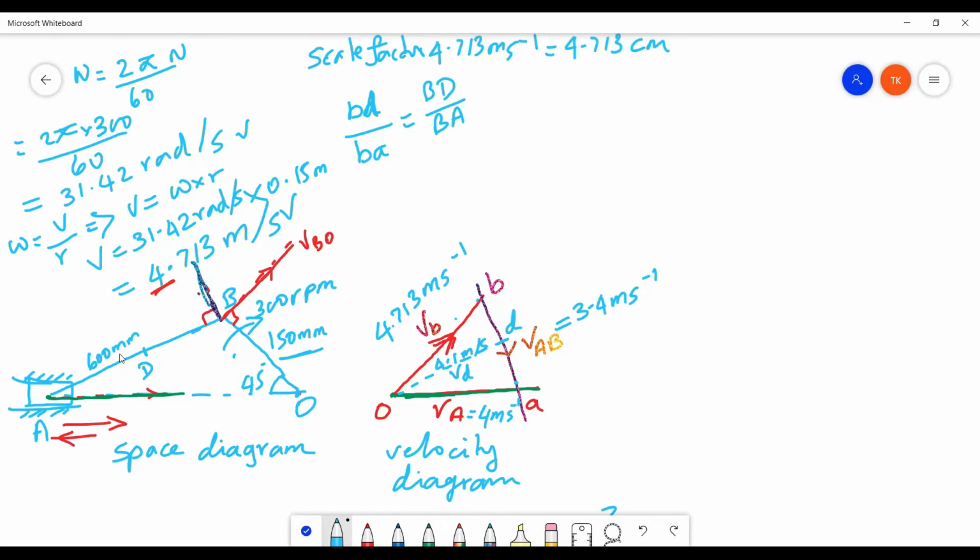We know the radial component of the acceleration of B with respect to O. So again, we are going to start from the known quantity. O to B, velocity is known, which means I can find the acceleration.